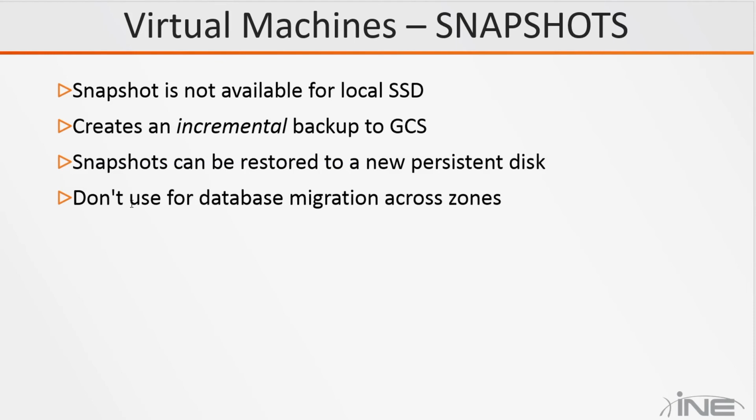Now, you don't typically want to use this in a database migration solution, especially if you're going between zones, because you could run into a lot of performance and persistence issues as well. And it's not supported with local SSD.